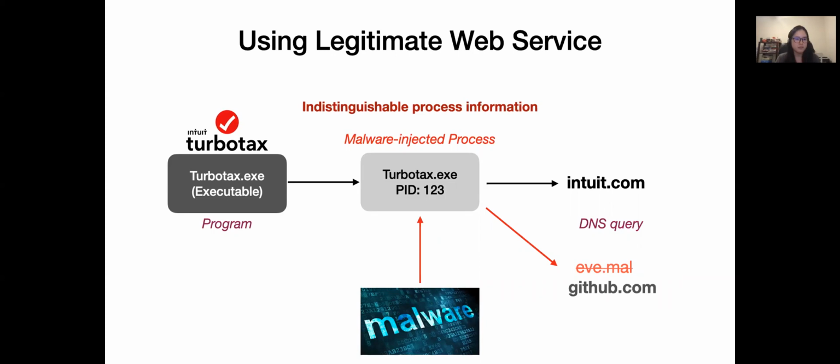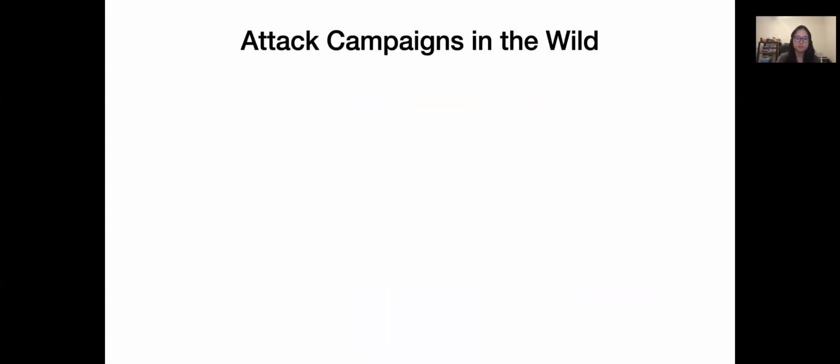To make matters even worse, the malicious domain may not even be malicious. Attackers can host malicious content on legitimate domains like github.com in this example, which makes DNS-based detection methods ineffective, given that the domain itself is benign and indistinguishable.